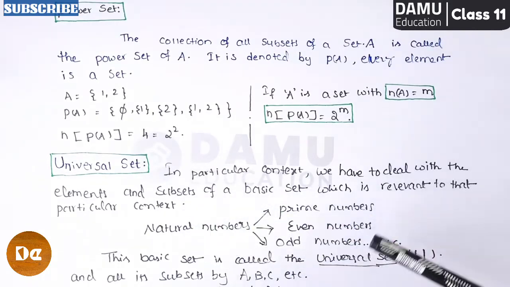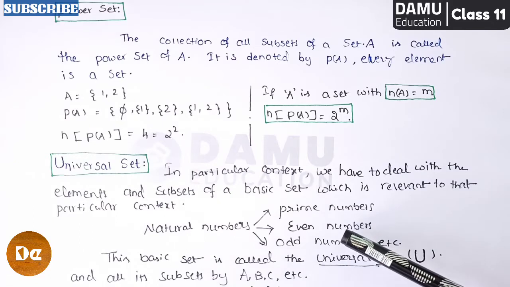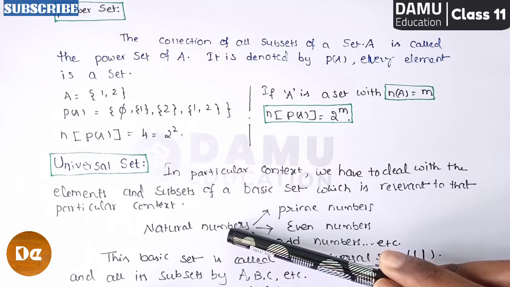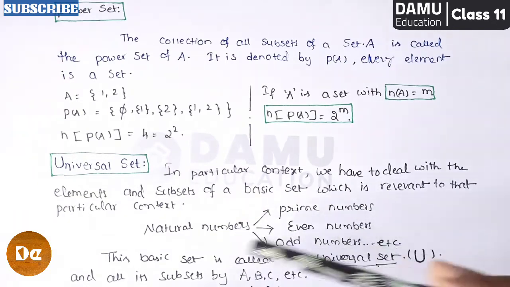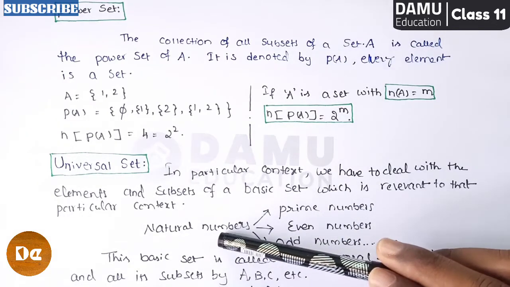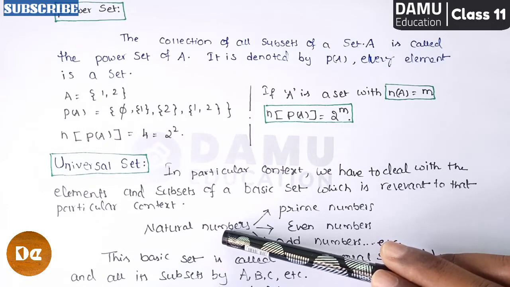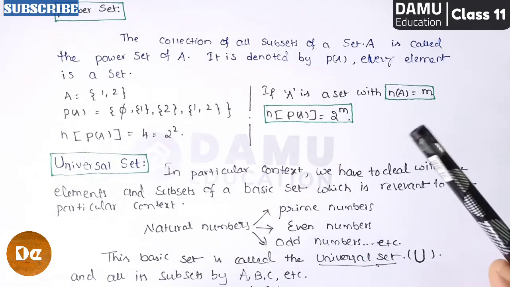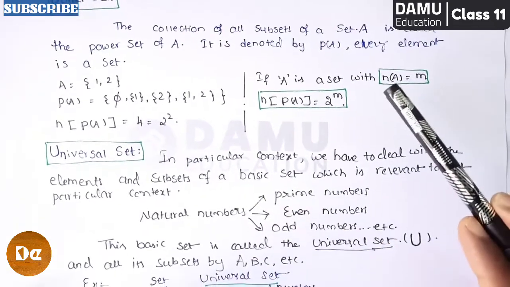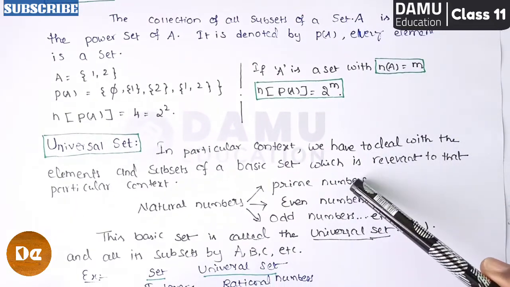So whenever you consider one basic set, in which all the elements and subsets are present for a particular context, then this basic set you can call a universal set. Natural numbers is a basic set, so you can call it the universal set for that particular context.